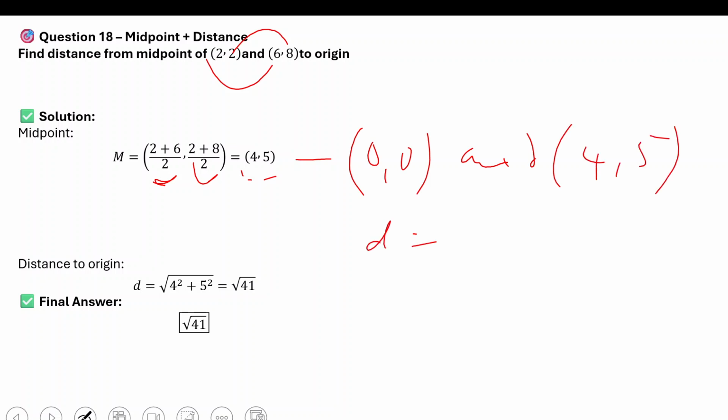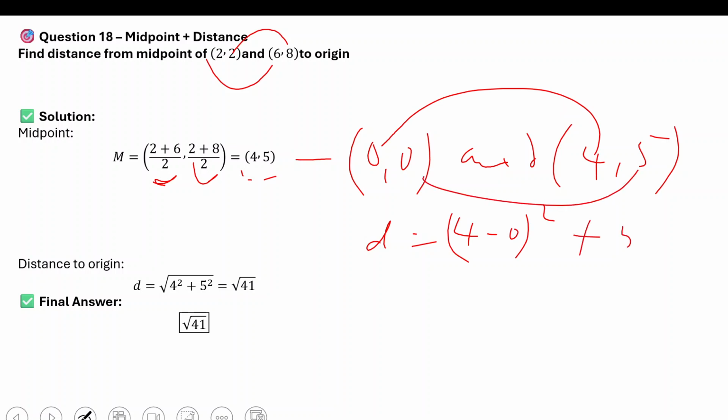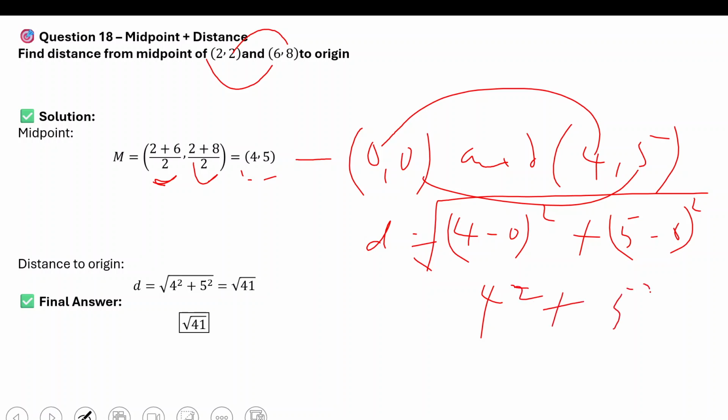So distance is given as 4 minus 0 all squared, plus 5 minus 0 all squared, then all square root. So of course 4 minus 0 is 4 squared, plus 5 minus 0 is 5 squared. So that's how we got to this point, right?